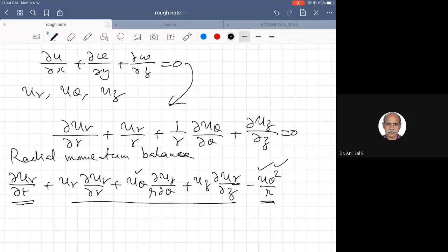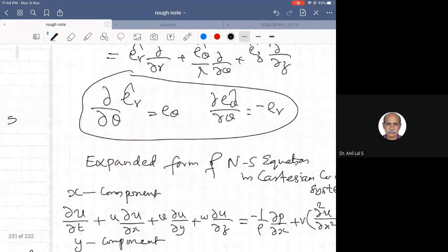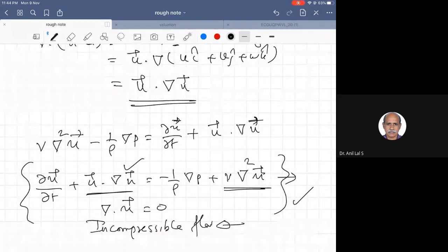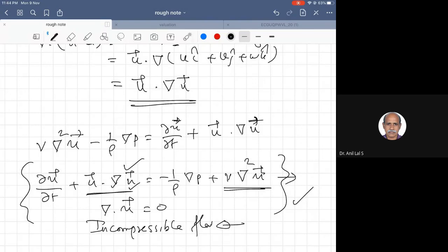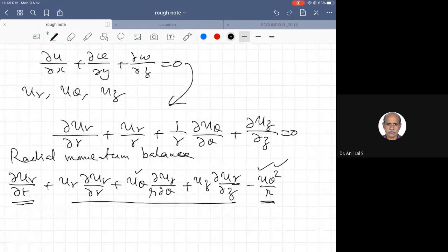You just have to apply u dot del u, finding the respective gradient operator and velocity vector in the respective coordinate, which has e r, e theta and so on. When e r is differentiated with respect to theta, the terms will come. So that is a mathematical simplification.